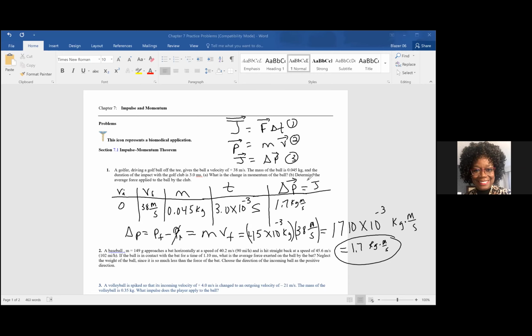Okay. This equation, please solve for the force. I need to hear from Lanisha and Kendra. We're solving for the force. Please solve for the force.